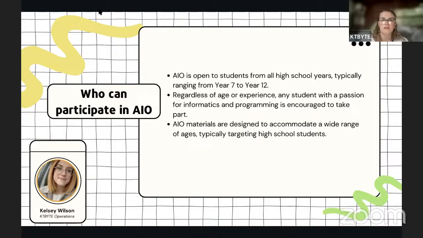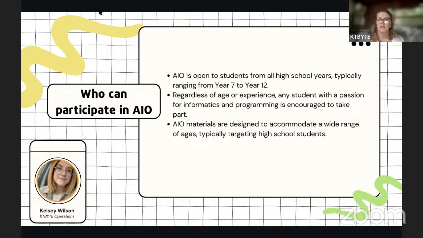And we did a little bit of research, and for the most part, their 7 to 12 lines up with the US system of school. Obviously, the UK is a little bit different, and I think even Canada is different in certain provinces. But from what we can understand, this is generally the same as grade 7 to 12. So it is very similar to the American Computer Science League, which we'll talk about a little bit later.